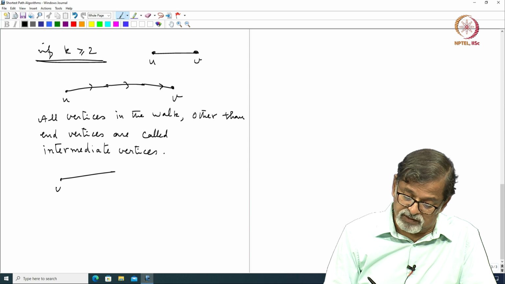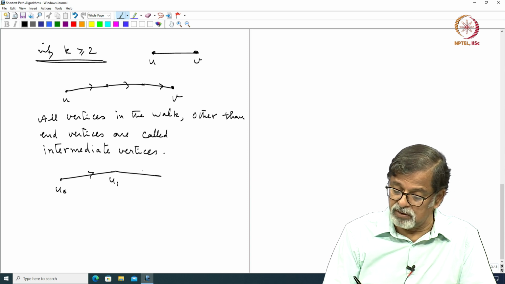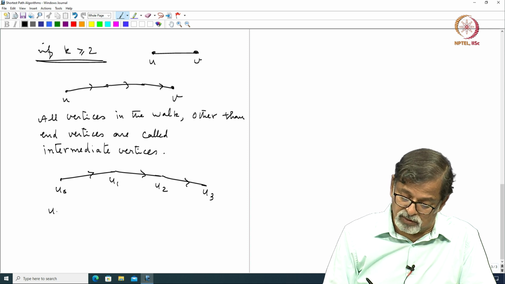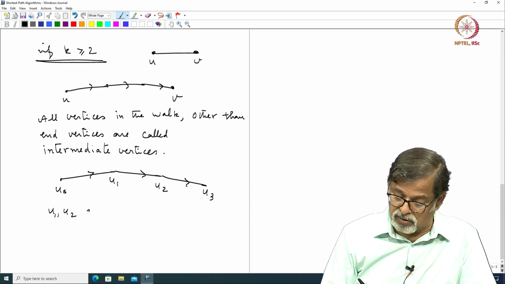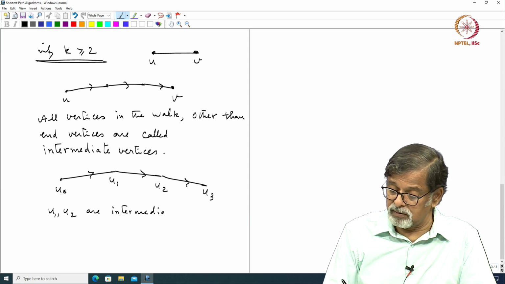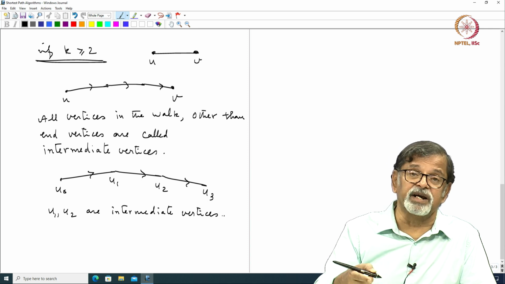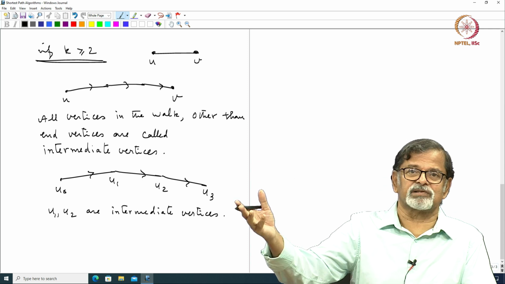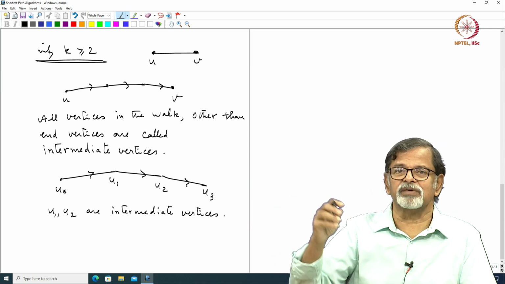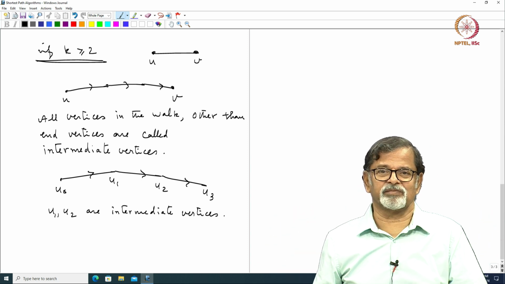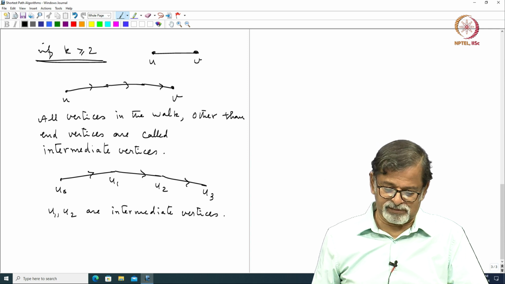So, if it is U0 to U1, U1 to U2, U2 to U3, then U1 and U2 are intermediate vertices. An edge does not have any intermediate vertex, otherwise if you have a long walk you have end vertices and intermediate vertices. Okay.